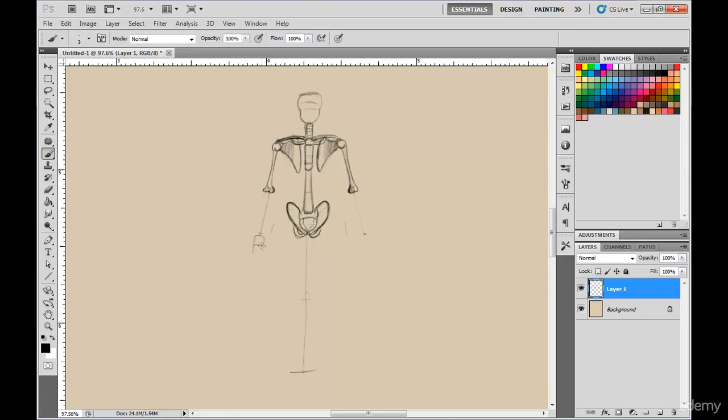So just keep that in mind when drawing, this is the basic shape of the hand. That's where we'll fit the skeletal structure into. The thumbs are going to be facing out like that. And that's about right. So I just want to make sure they're not too low or too long.